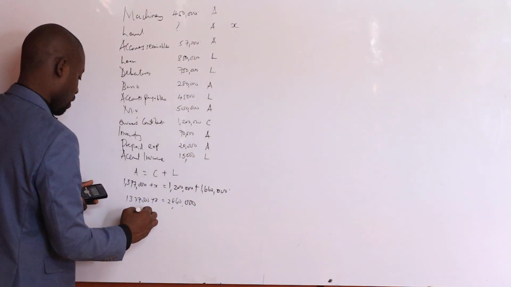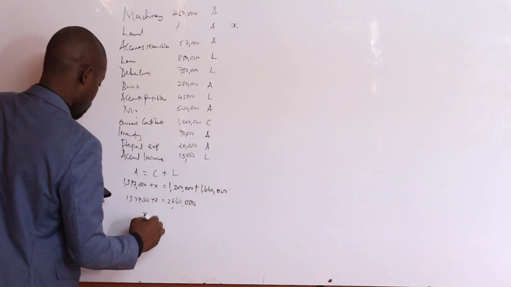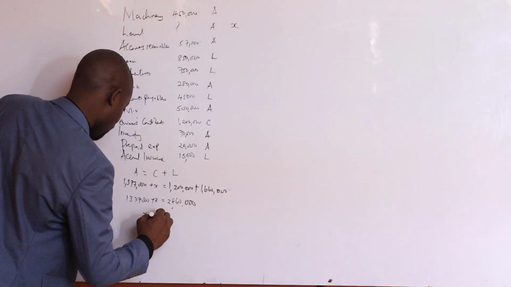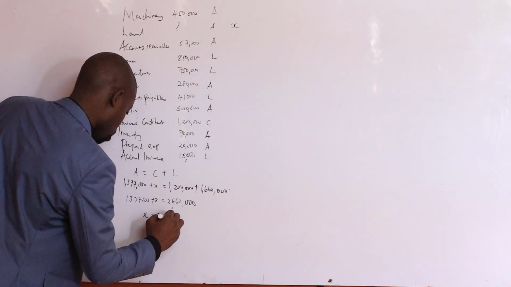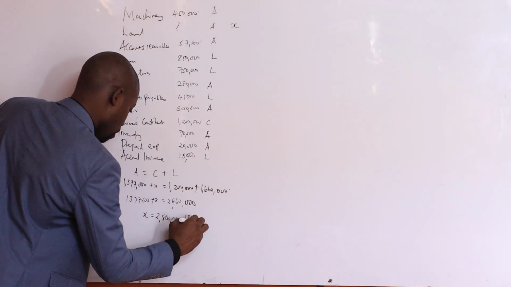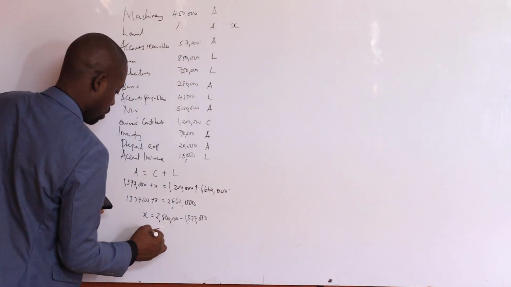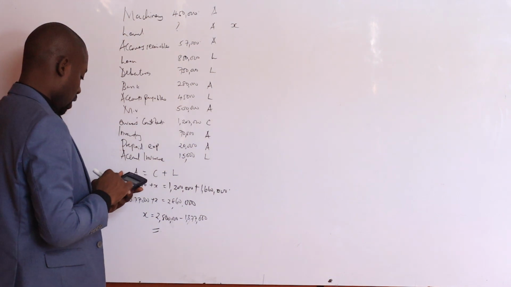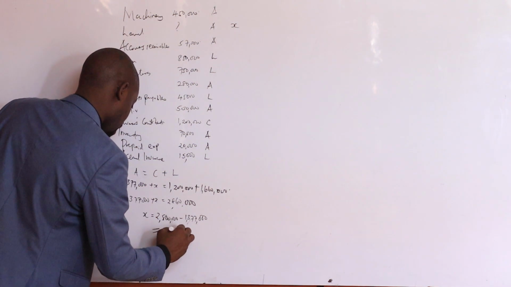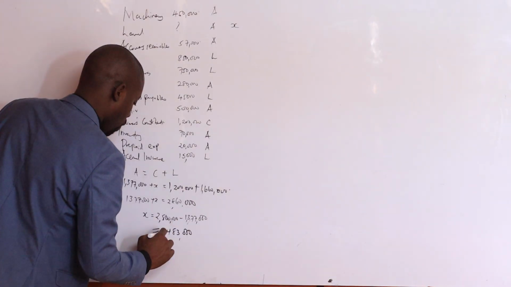So what is the value of X? X will be 2,860,000 minus 1,377,000. So the value of X, which is land, is 1,483,000. That is the value of land.